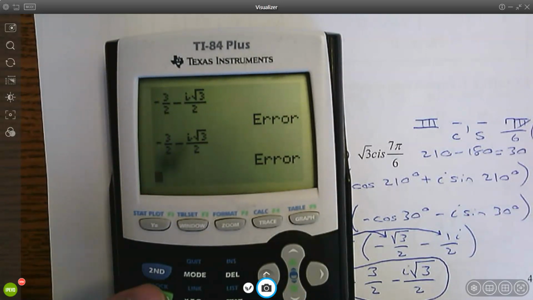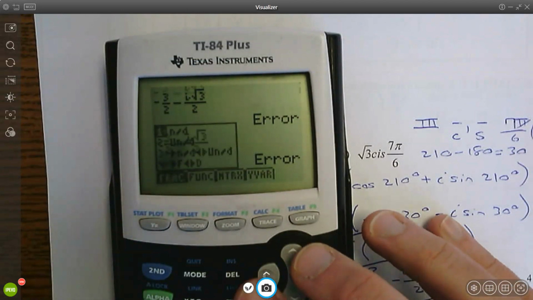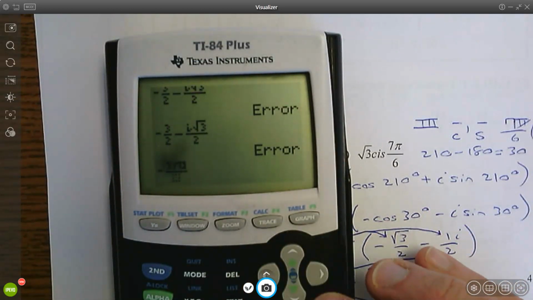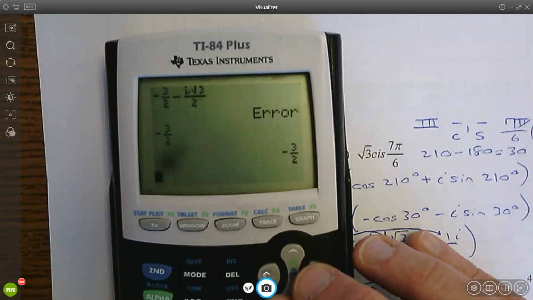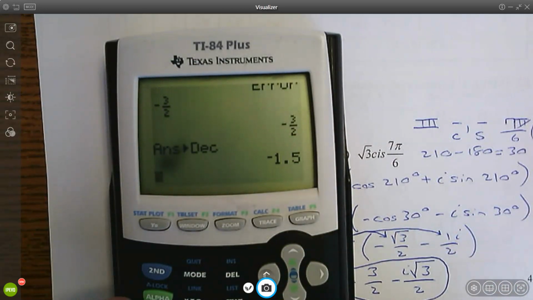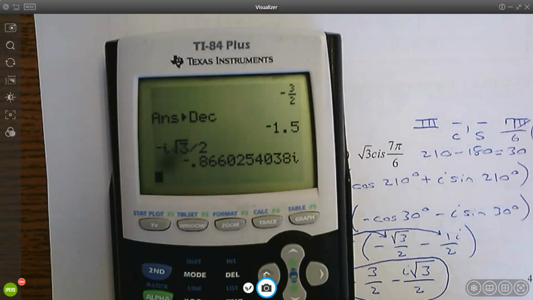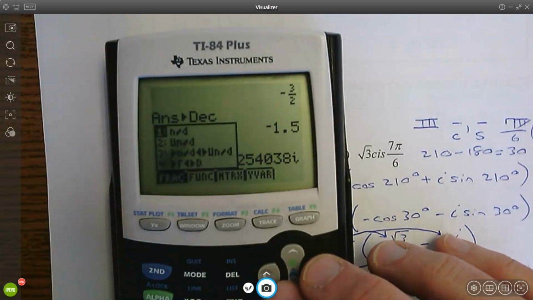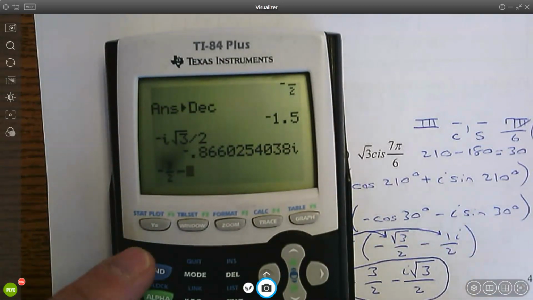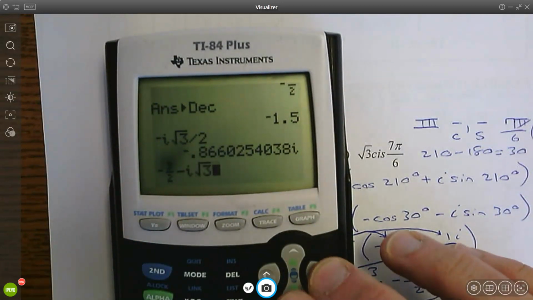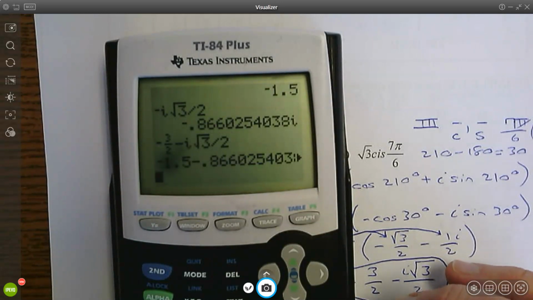Let me try something a little different and see if I can fix the problem. All right, so if we do our fraction here, negative 3 divided by 2, and you change that to a decimal, there's your negative 1.5. I wonder if I just type this in not using alpha y equals. Weird. Okay, that's odd. Very odd.